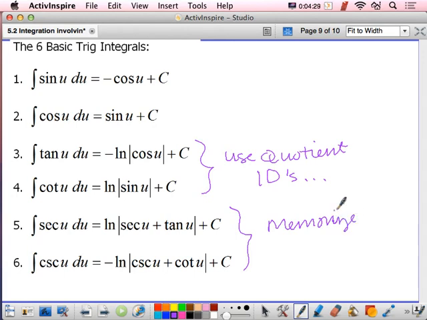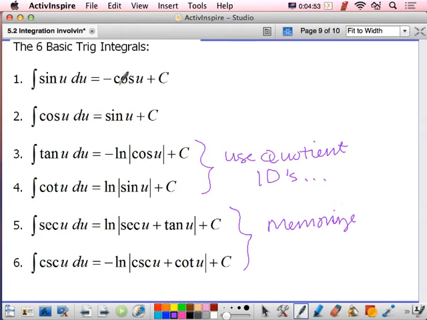So the integral of secant is the natural log of secant plus tangent with absolute value, and the integral of cosecant is the negative natural log of cosecant plus cotangent. And guys, the way to figure out which ones have the negatives: if the answer is a cosine, there has to be a negative. If the answer starts with a C, there has to be a negative.